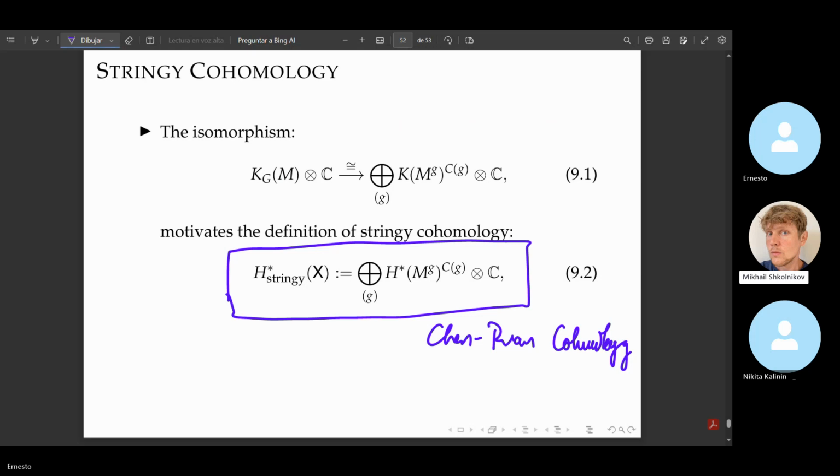But do you really have to tensor with C? Well, no, I can just define it without this. It's a definition. Yeah, but you might lose some interesting things, right? No, I mean, you may win some interesting things by having this weird thing.